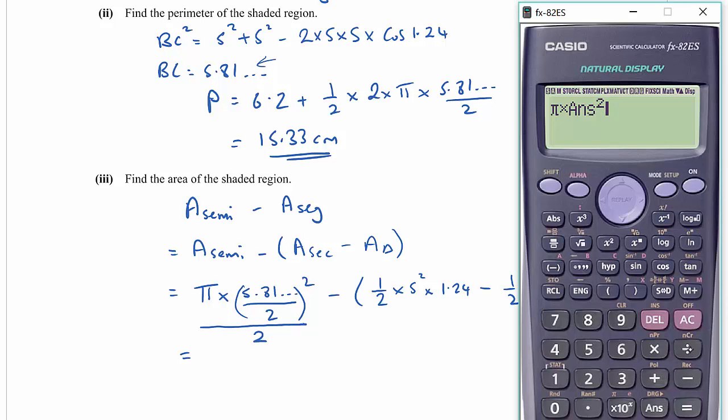So divide that by 2, and then we'll take away 0.5 times 5 squared times 1.24, take away 0.5 times 5 squared times the sine of 1.24.